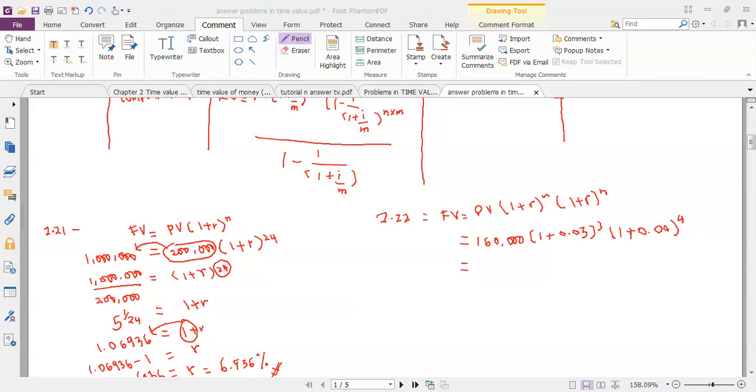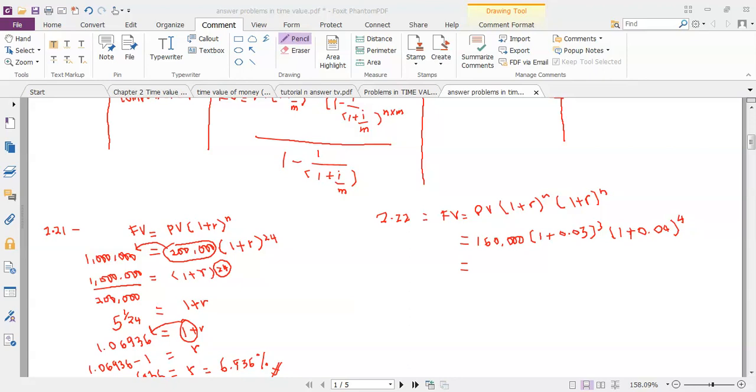You just type it into the calculator: 160,000 multiplied by 1.03 to the power of 3, and then times, you just put the bracket there, 1.04 to the power of 4, just like that.